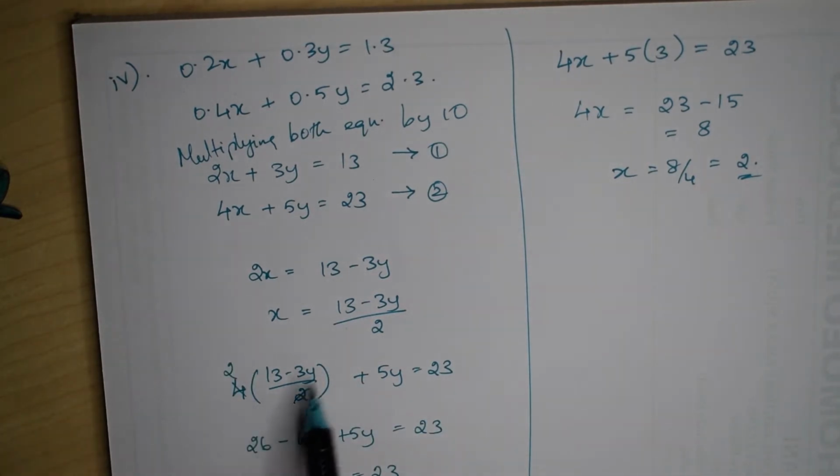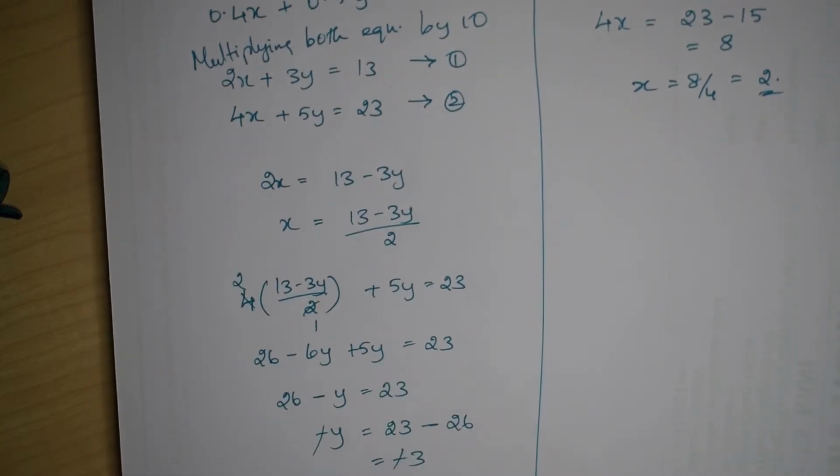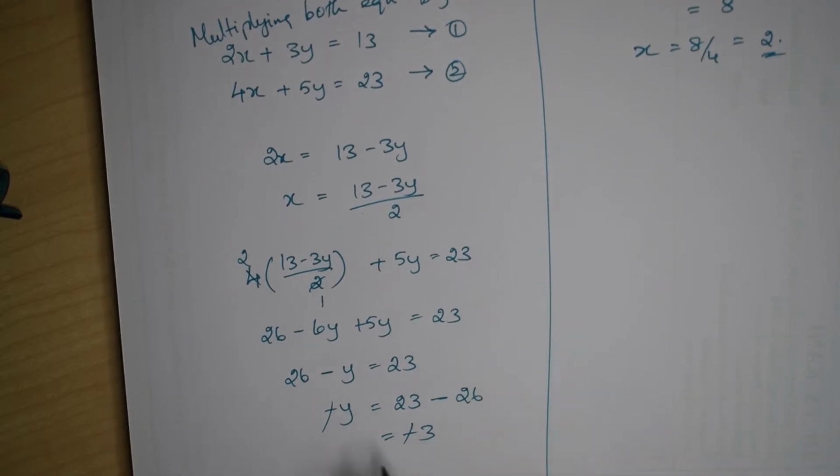So 4 into the bracket this value plus 5y is equal to 23, and 2 into 13 is 26, 2 into 3y is equal to minus 6y plus 5y is 23. I subtract here, so it becomes minus y, and 23 minus y is equal to minus 3, and both the minus get cancelled, so y is equal to 3, okay.